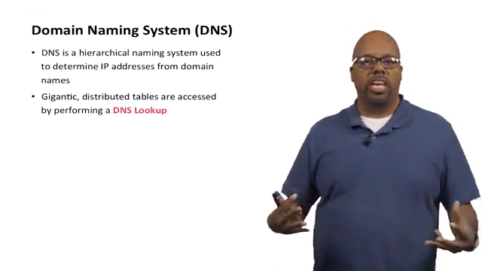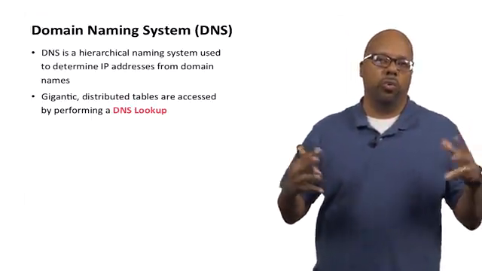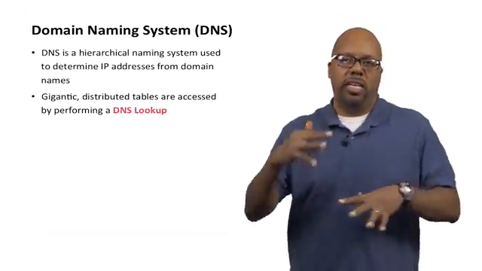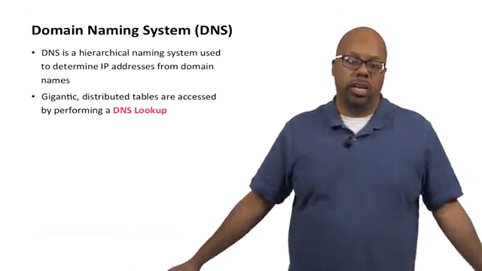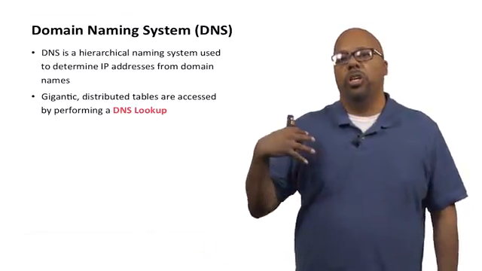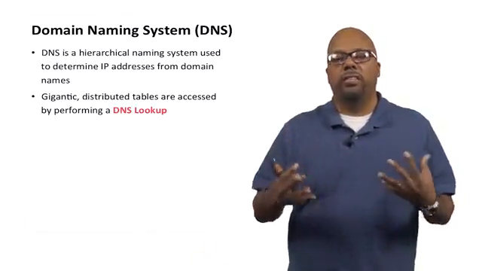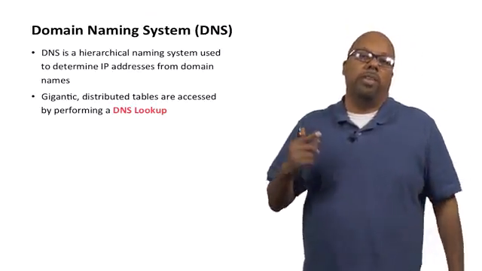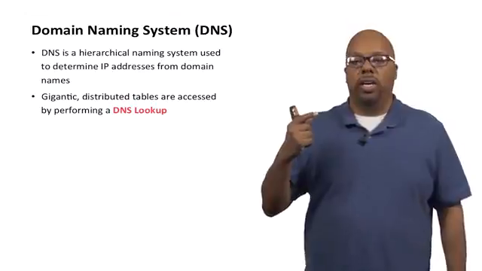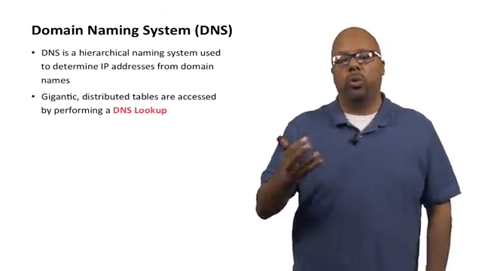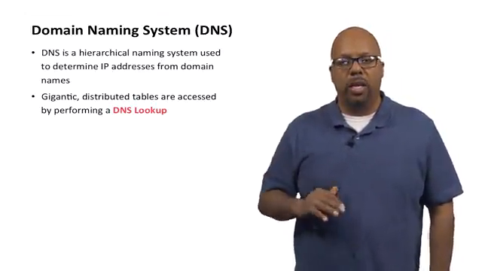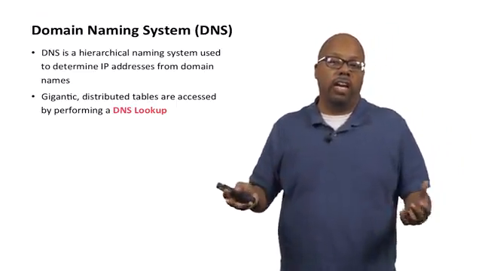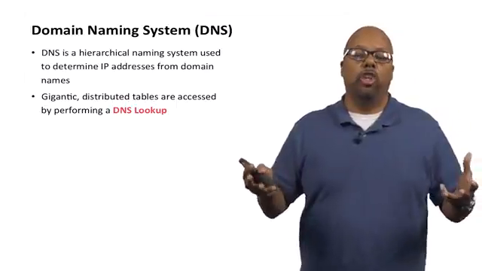Now, there isn't just one table, because this is a worldwide network, right? It's actually a hierarchy of tables in different machines across the world. It's not that complicated. We're not going to go into the details of the protocol, but the idea is that when you want to go to a web page, say CNN.com, that CNN.com has to get converted to the IP address of CNN.com, so you perform what's called a DNS lookup.